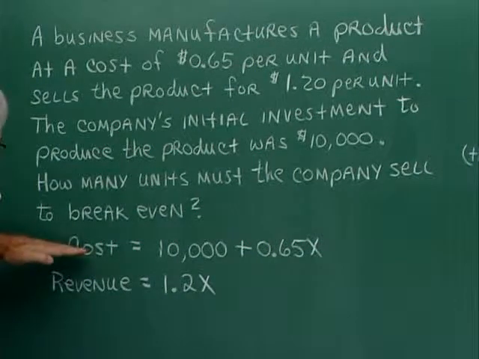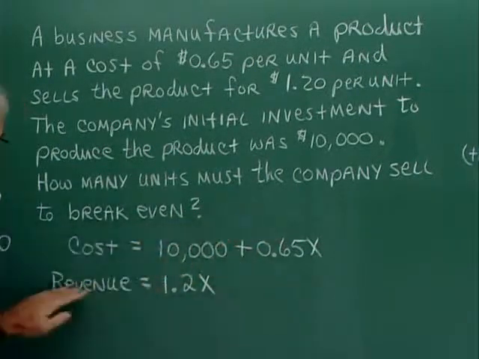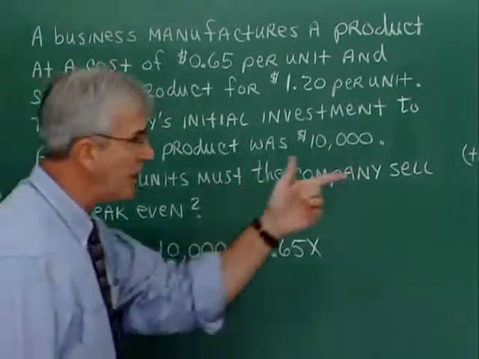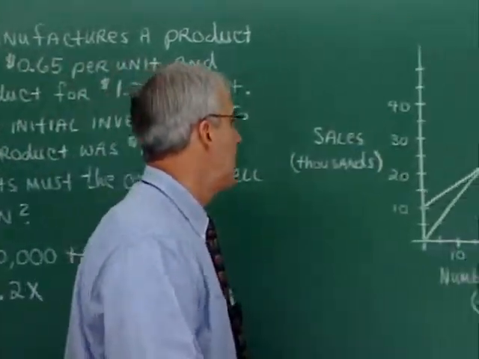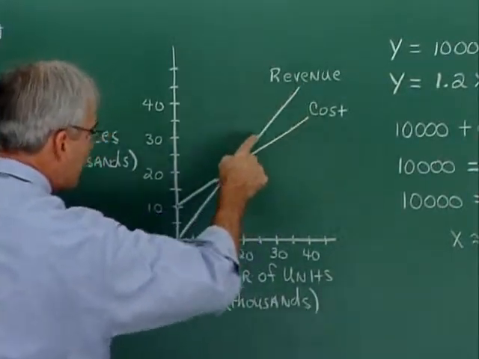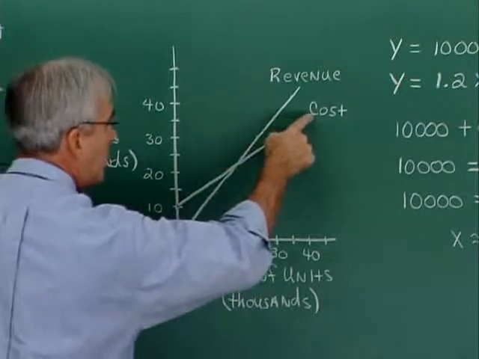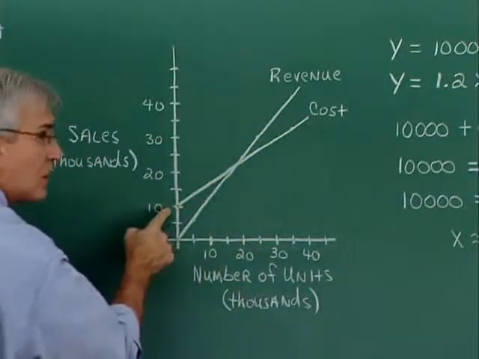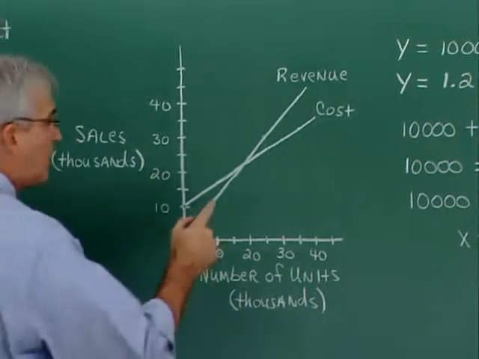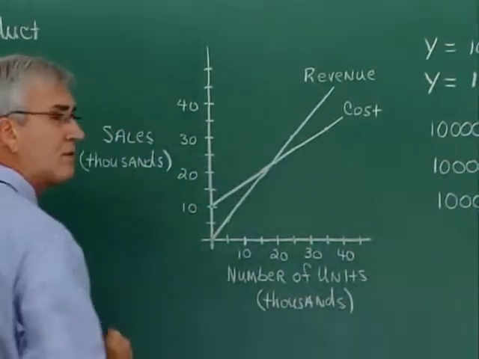And if we take this cost equation and this revenue equation and we construct the graphs of these two, then we get a graph that looks like this. Now, notice that here we have the revenue graph and the graph for the cost. And we'd like the break-even point. Well, the break-even point is just the point of intersection of these two graphs.